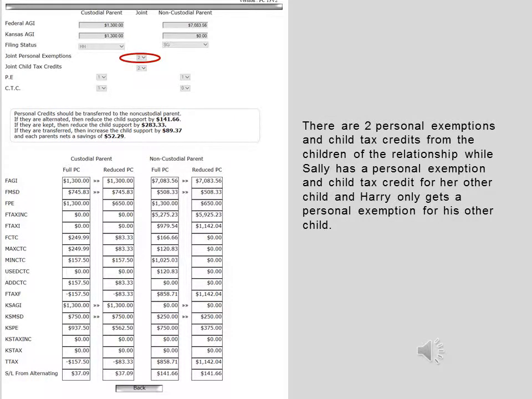There are 2 personal exemptions and child tax credits from the children of the relationship, while Sally has a personal exemption and child tax credit for her other child, and Harry only gets a personal exemption from his other child.